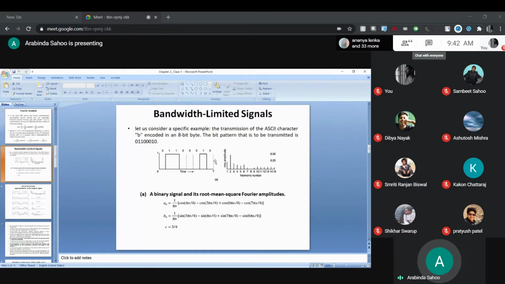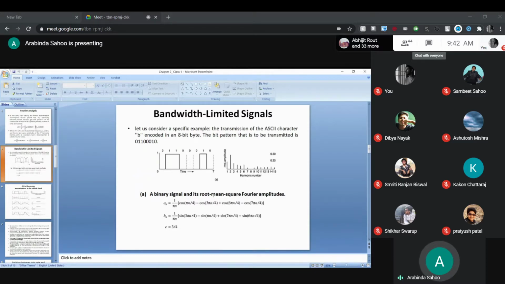So if you consider t as your period, and represent the fundamental frequency as 1 by t, and calculate the values of an, bn and cn, this is a mathematical representation.